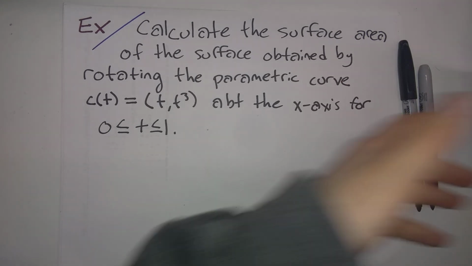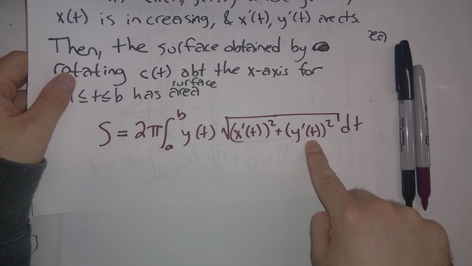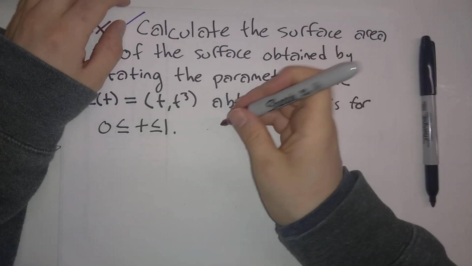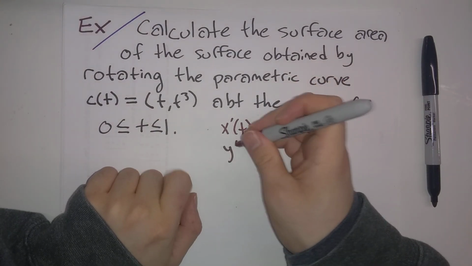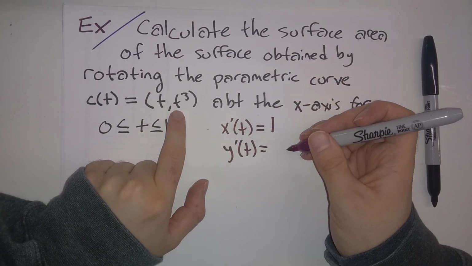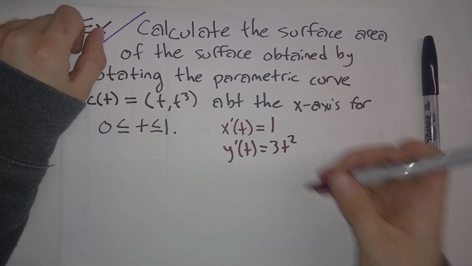The picture looks something like this. So what do we need? We need x prime of t and y prime of t. x prime of t is equal to 1. y prime of t is equal to 3t squared.